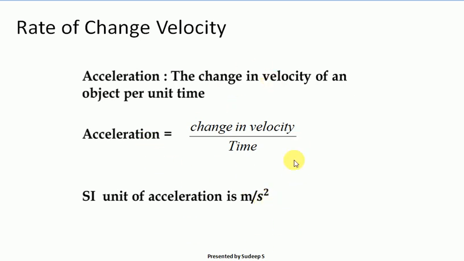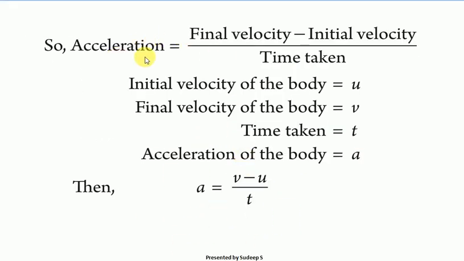To represent this in mathematical form, acceleration equals final velocity minus initial velocity, that will be my change in velocity, upon time taken. Initial velocity of the object is represented by u, final velocity by v, and time taken by t.